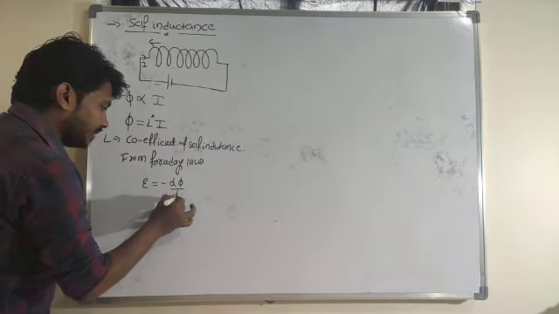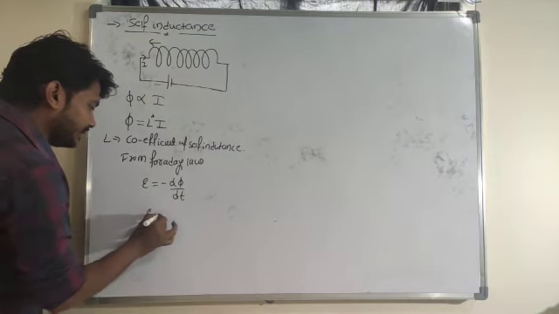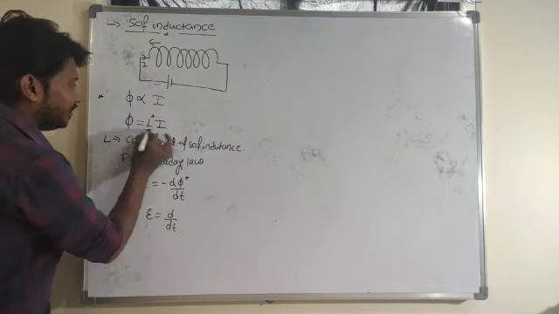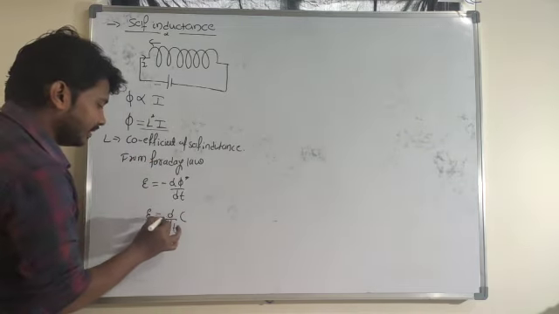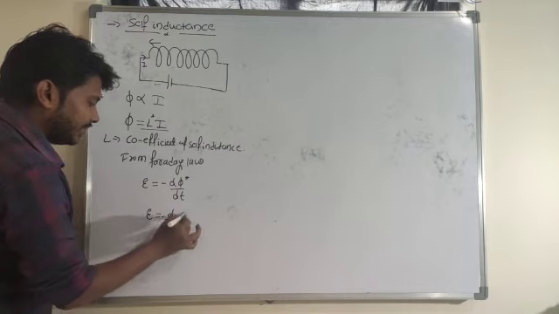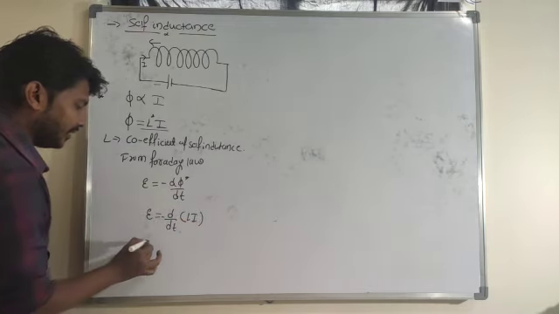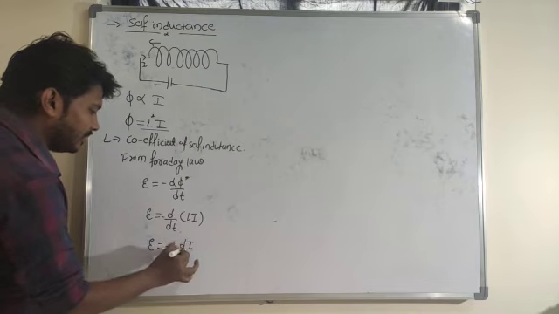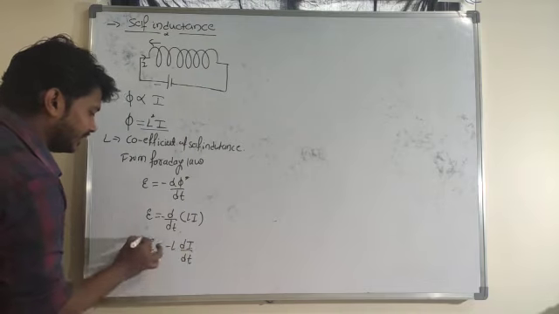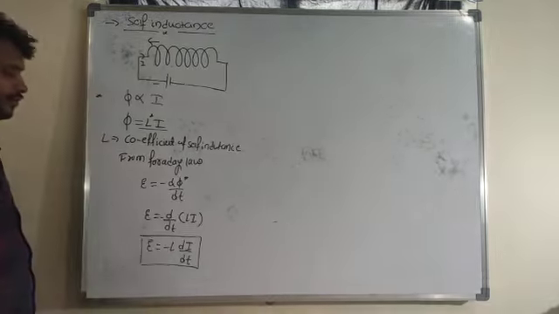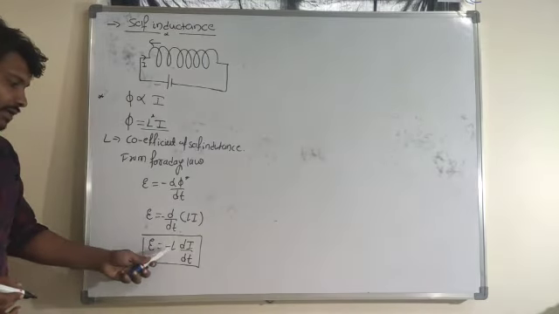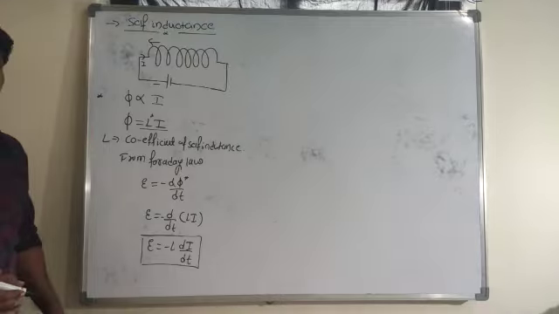What is the value of phi here? Phi is equal to L into I, where L is a constant, so E is equal to minus d by dt of L I, which is minus L into dI by dt. So this is the required expression for self inductance: EMF is equal to minus L into dI by dt.